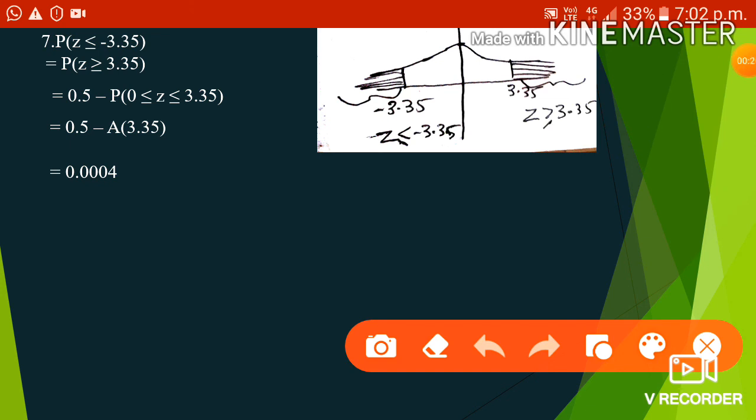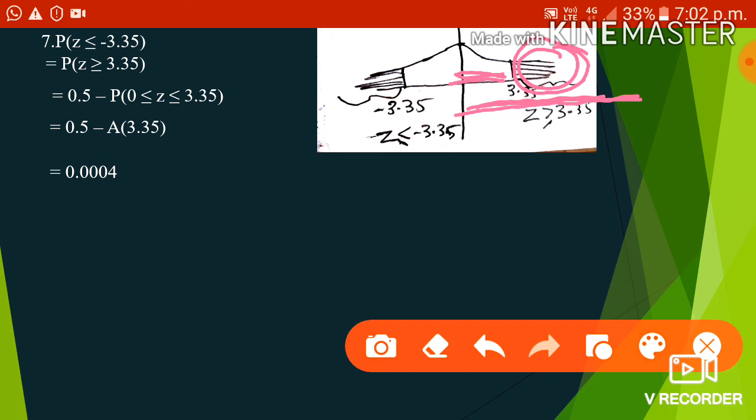So here, 0.5, that is 0 to infinity, minus 0 to 3.35. We have to get this part. So 0 to infinity minus 0 to 3.35 gives the area of this part.